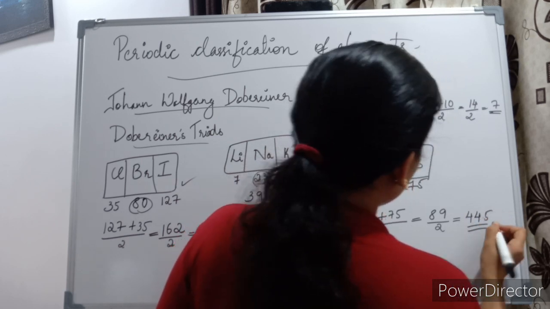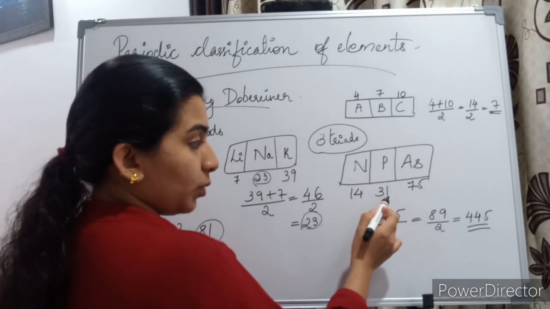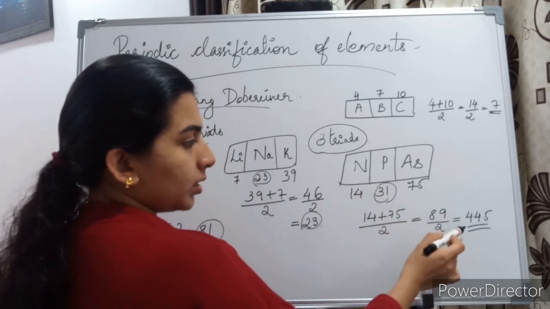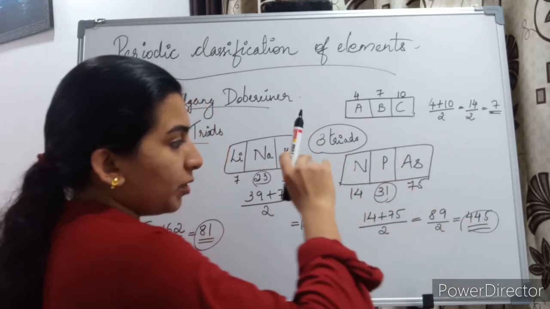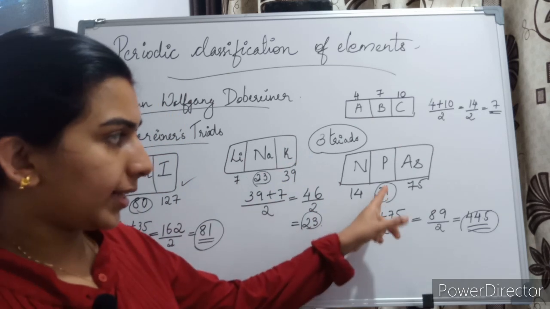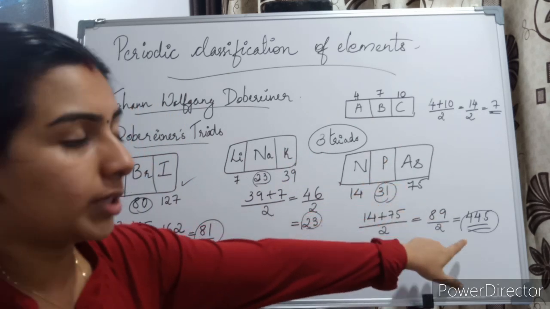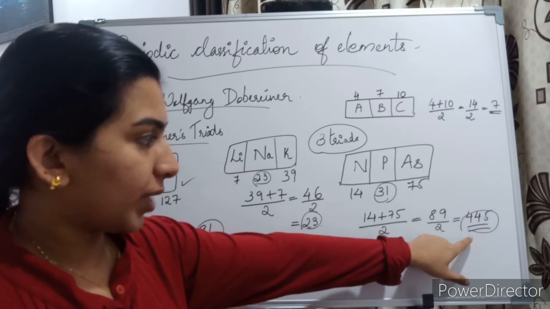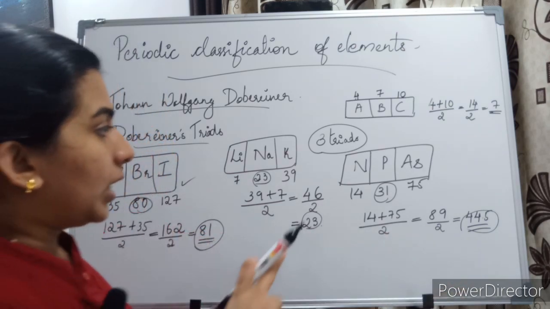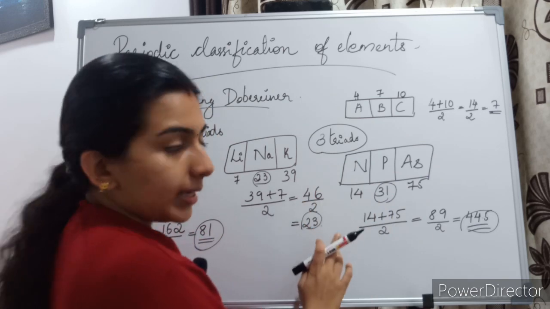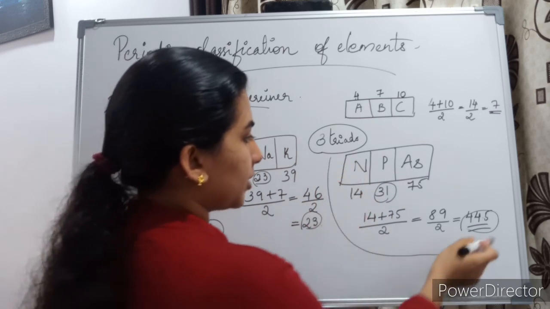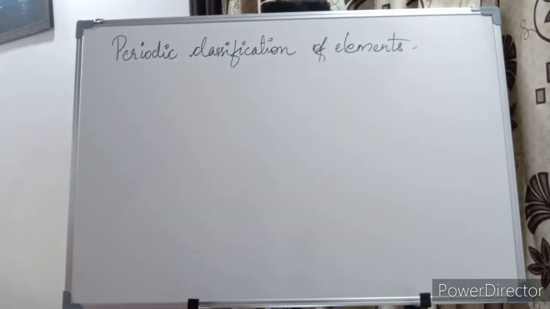This is 44.5, which is very much far away from what we have to get. That is, the mass number of phosphorus is 31 actually, but we have here got it as 44.5. So these three do not form a triad, and this was the limitation of Dobereiner's triad.